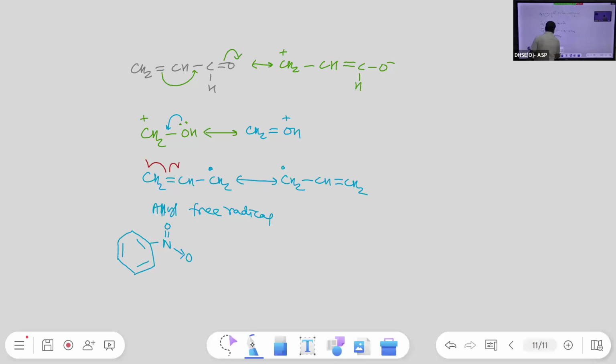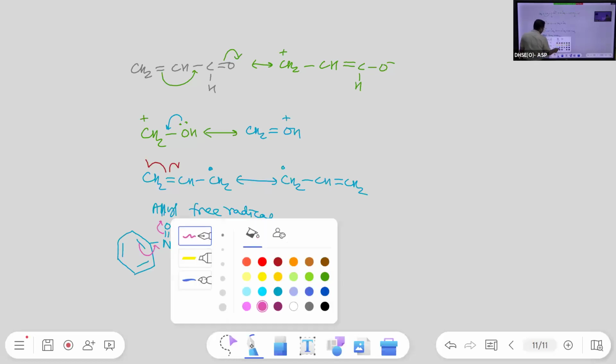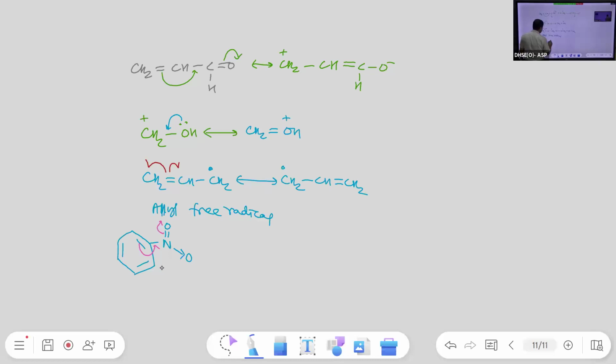Here, oxygen is more electronegative than nitrogen. So the structure can be this.